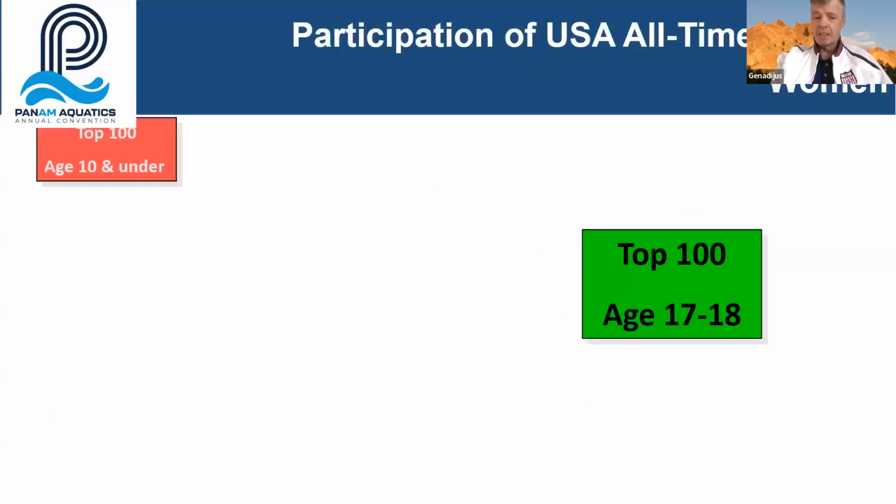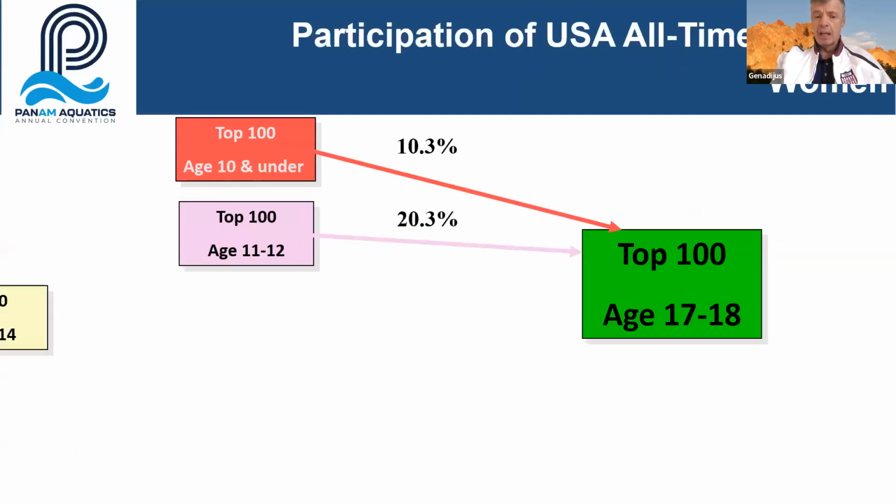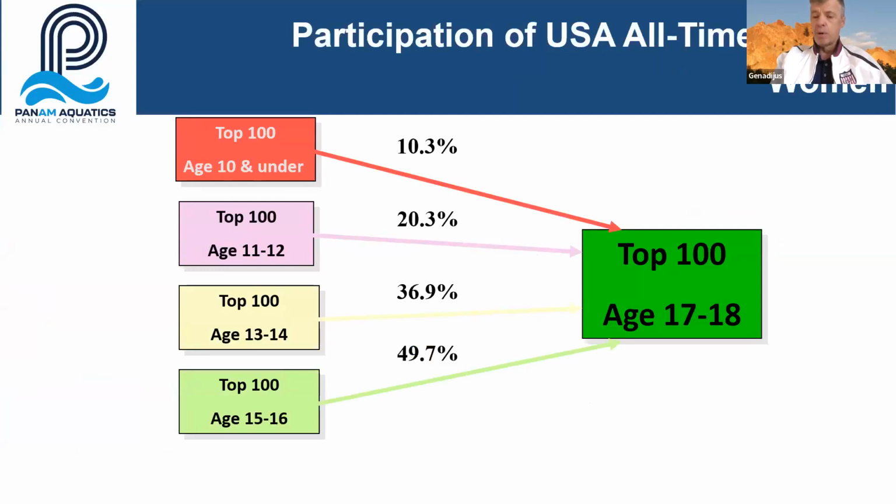So let's look at what happens in fact. These are women. How many fast, younger age group women are competing and are in the top 100 at age 17, 18? If your swimmers are age 10 and under, only 10% of these champions at young age are still good at age 17, 18.